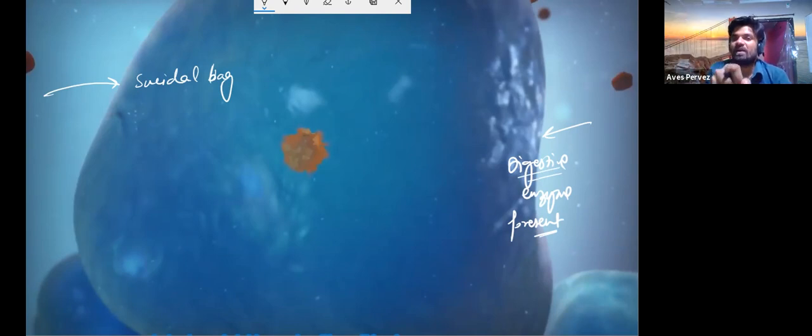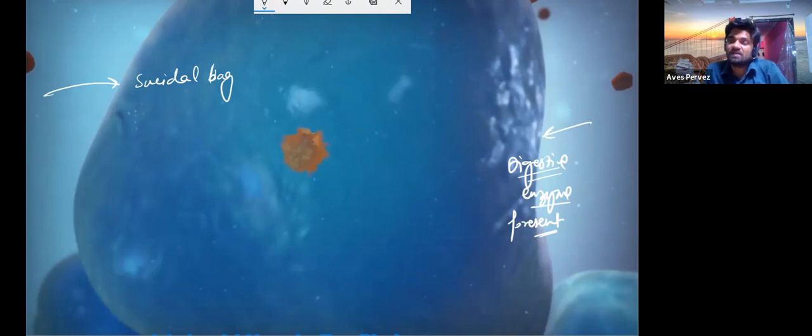Whenever it bursts, the cell will die, because it contains digestive enzymes. When these digestive enzymes are released inside the cell, the whole cell will get consumed, or the whole cell will get digested.